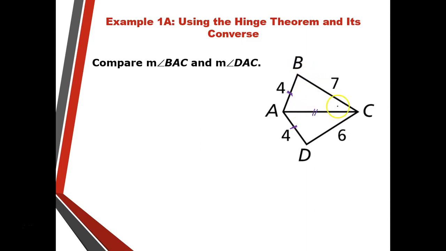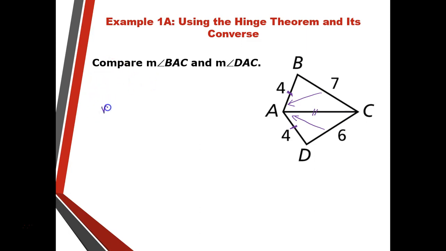And we see that BC is larger than DC. So the angles opposite of these two sides right here are what we're comparing, the measure of BAC and DAC. And we're going to compare those with an inequality symbol, whether it's greater than, equal to, or less than.